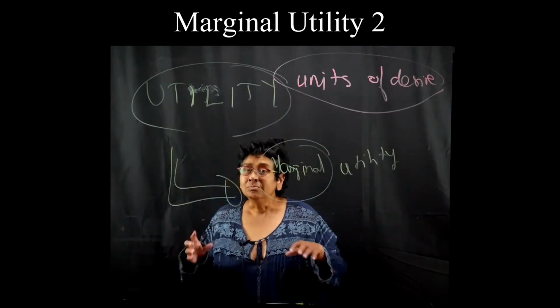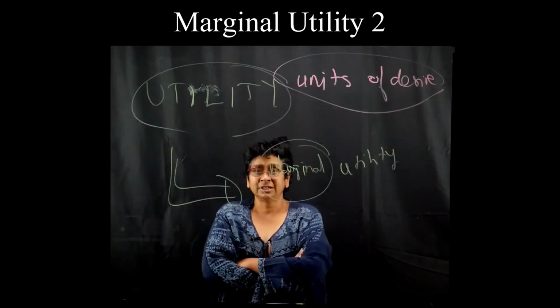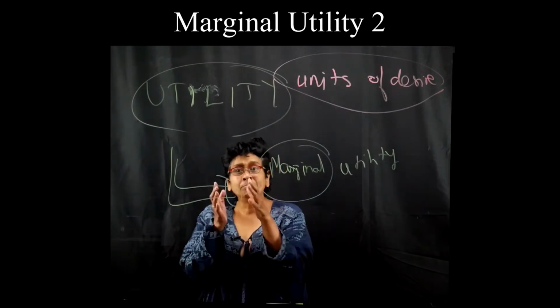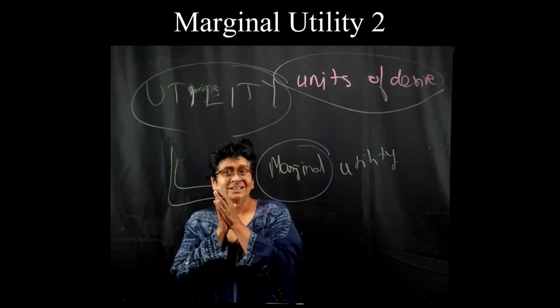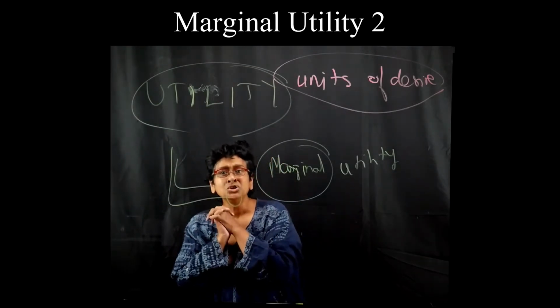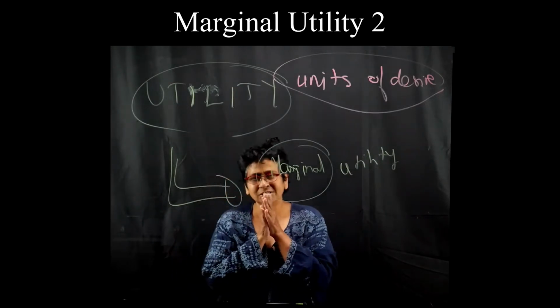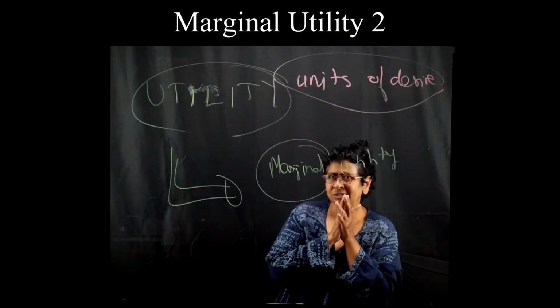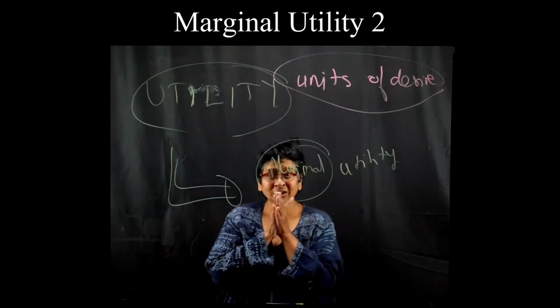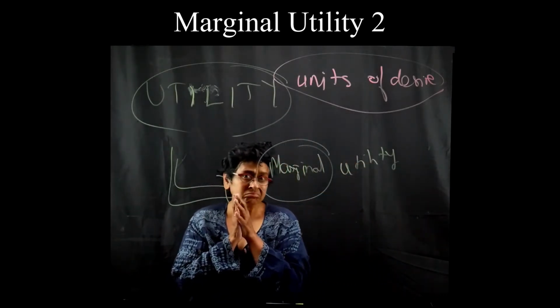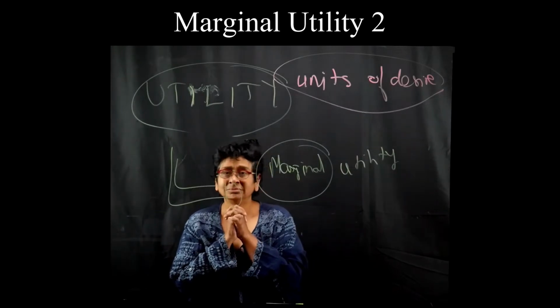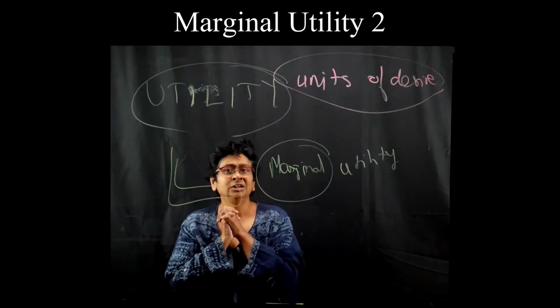And the idea of marginal utility is that you buy until the amount you spend on the next unit of the good is worth as much or less than the dollar you spent.